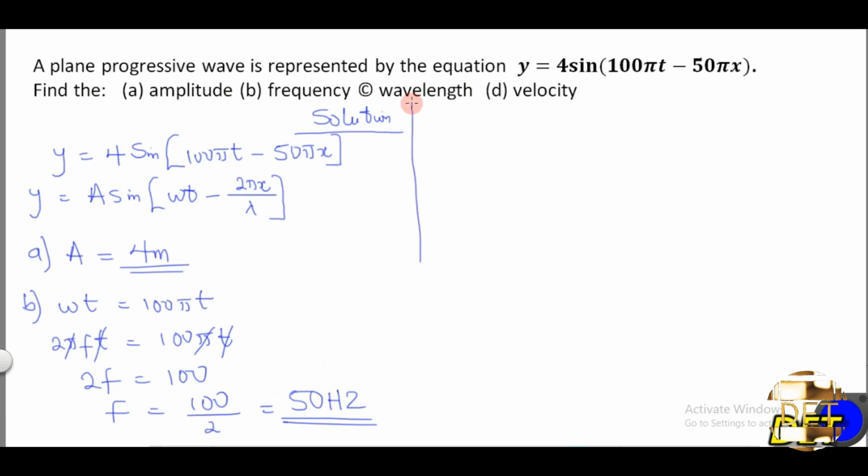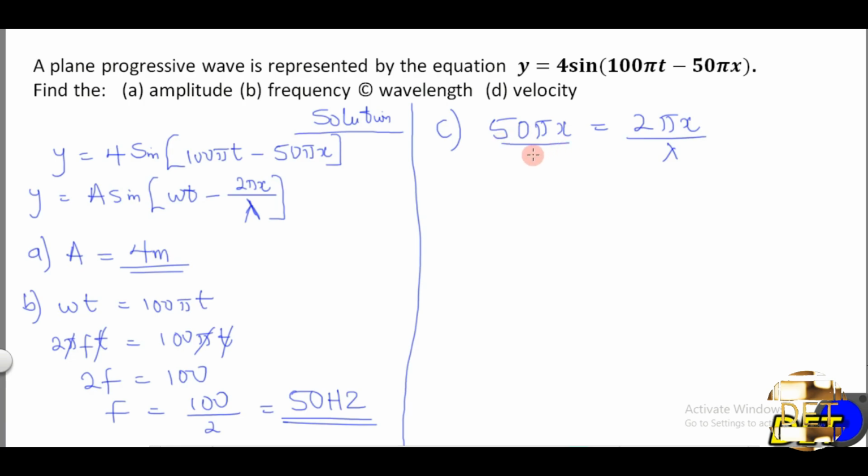Then question C is to look for the wavelength, right? And I have my wavelength here in the ideal equation. So I will have to compare it with this. After comparing it, I will have to equate them to each other. So I have 50πx = 2πx/λ, right?